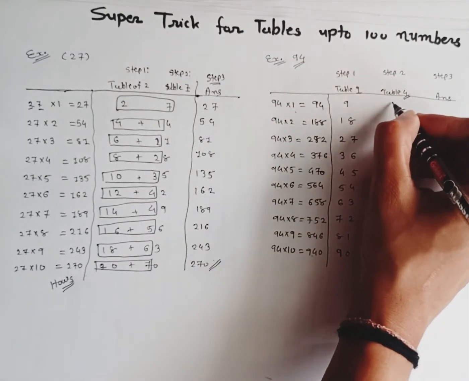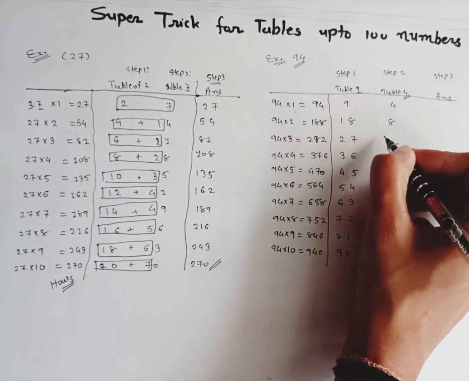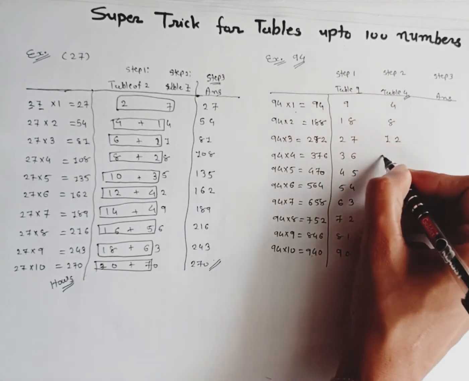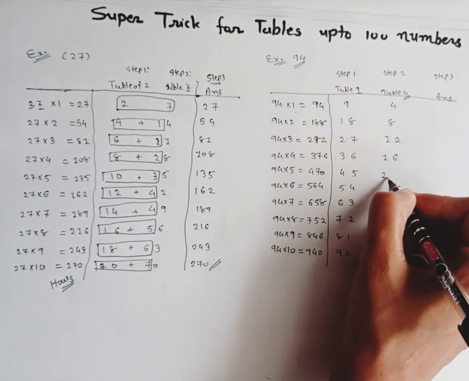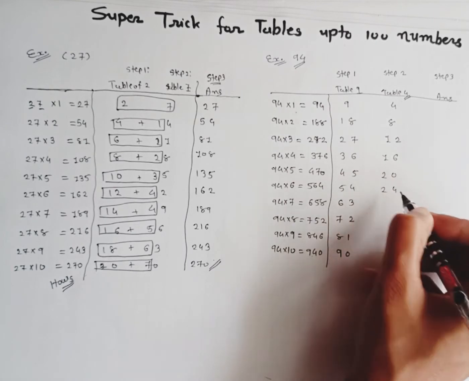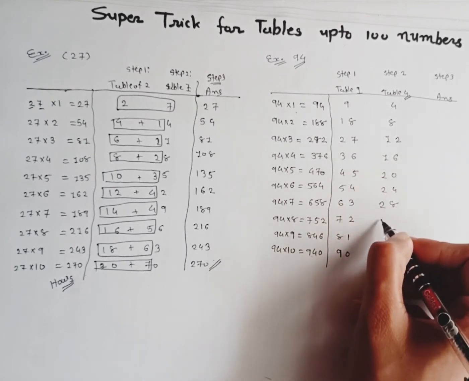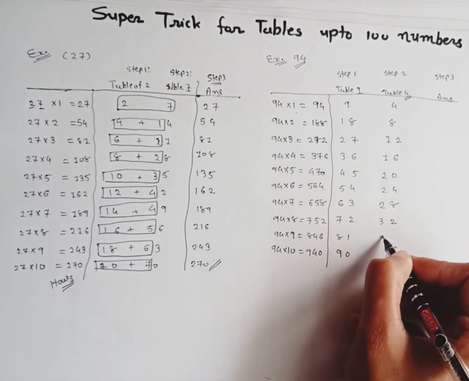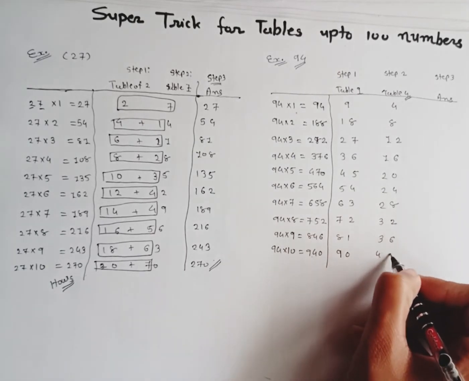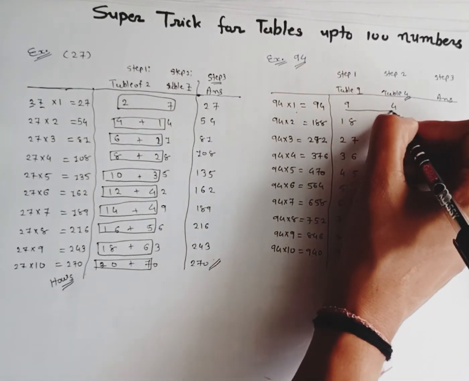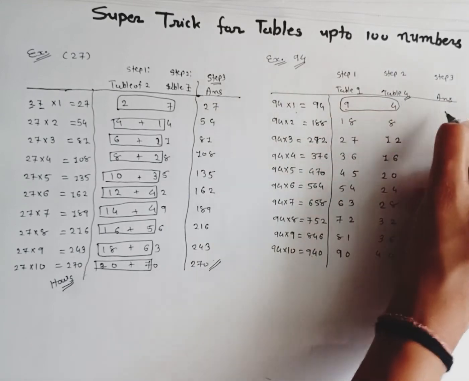Now table of 4: 4, 8, 12, 16, 20, 24, 28, 32, 36, 40. Of the answer, 94.